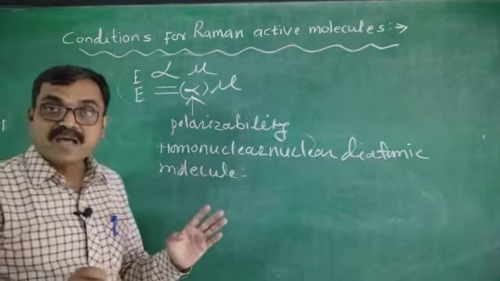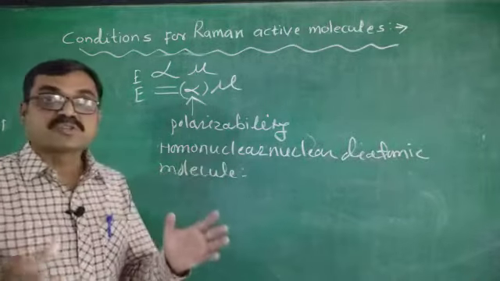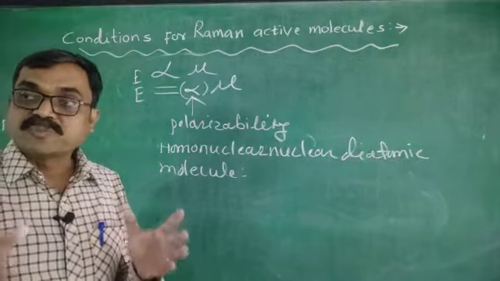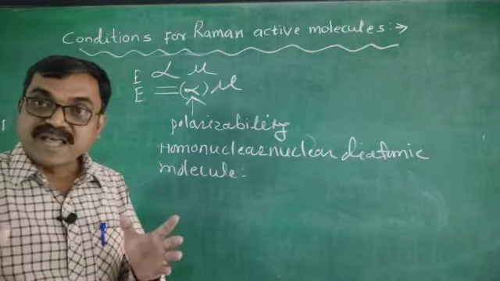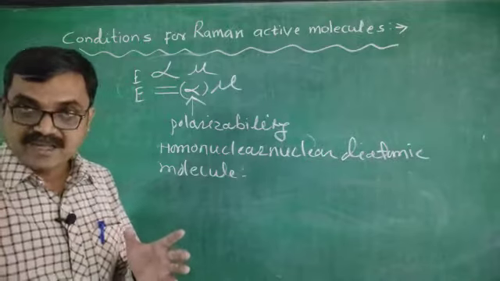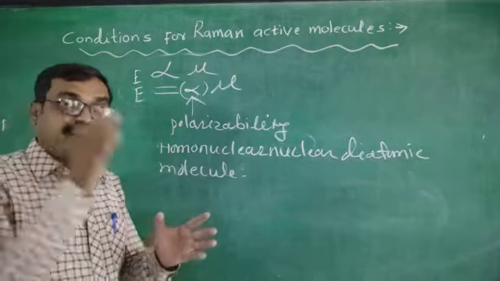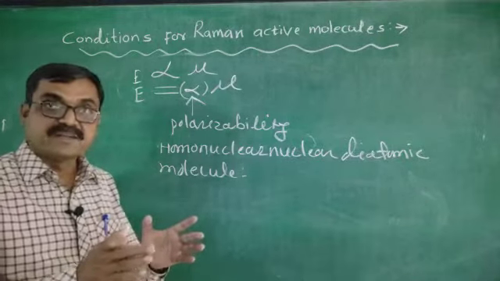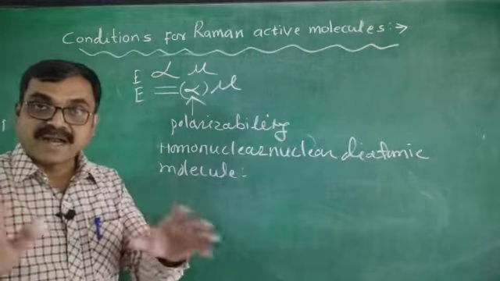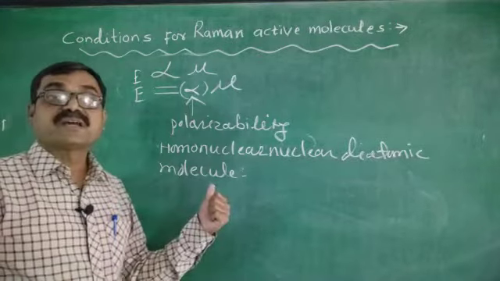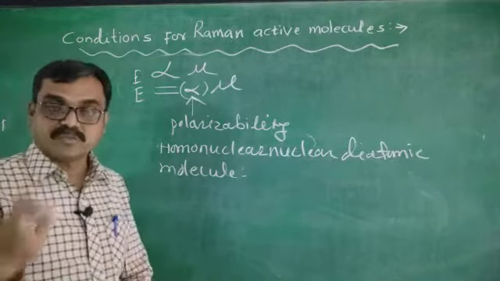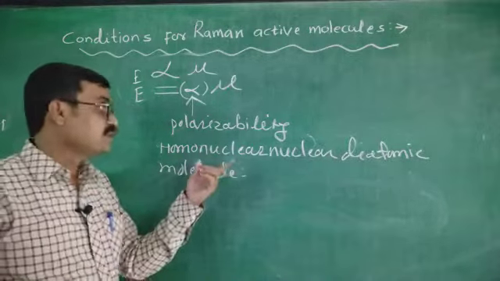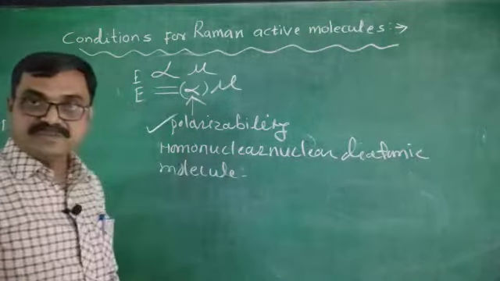Due to absorption of light, the homonuclear diatomic molecule gives the Raman spectra. We may say that Raman spectroscopy is a complementary technique to the microwave spectra, that is rotational spectra, as well as to the IR spectra. So far as IR and rotational, or microwave, spectra are concerned, a homonuclear diatomic molecule can't give these spectra, but Raman spectra is given by such a molecule due to the change in the induced dipole moment, that is, they have polarizability.